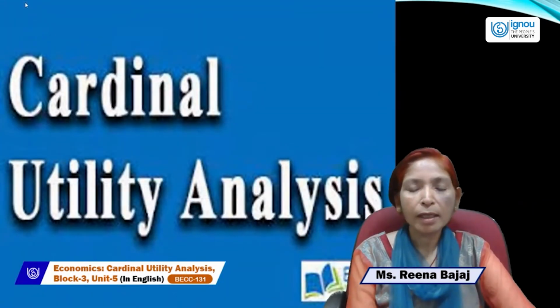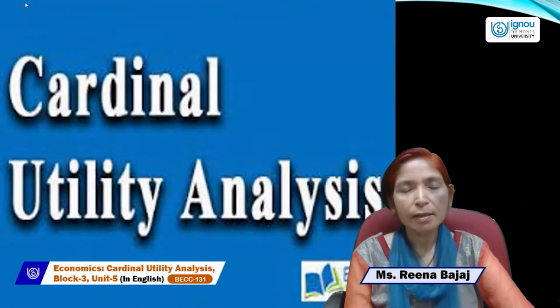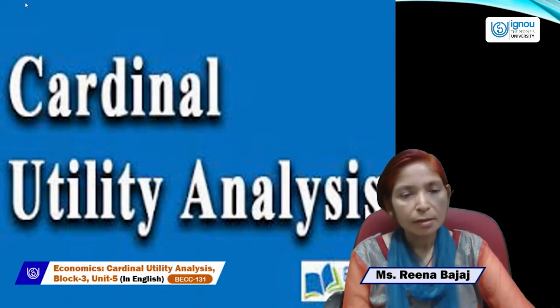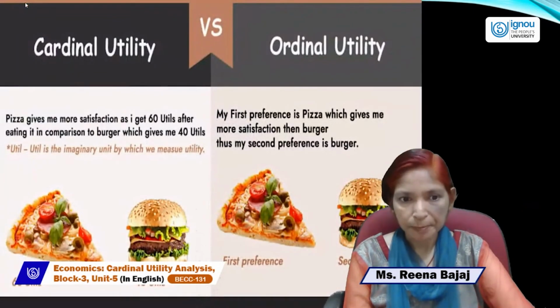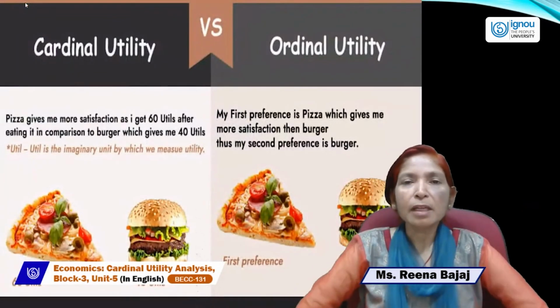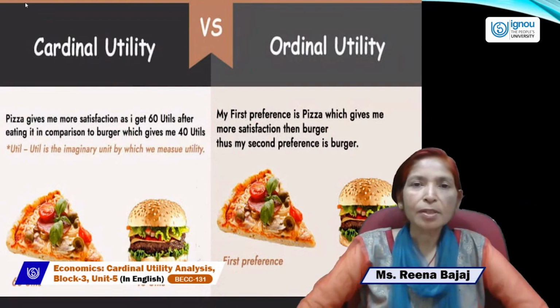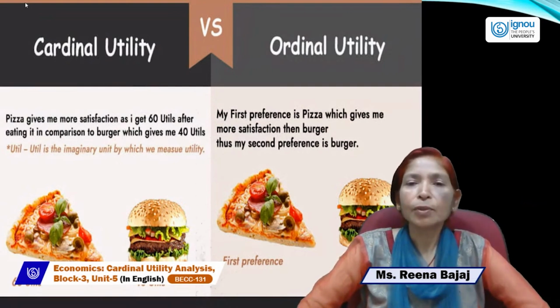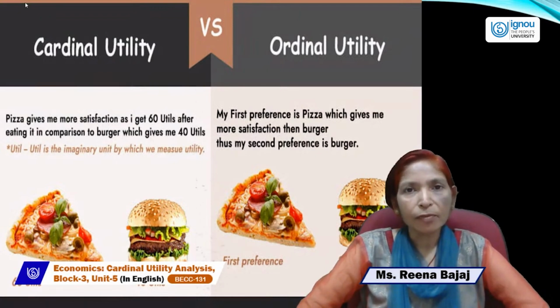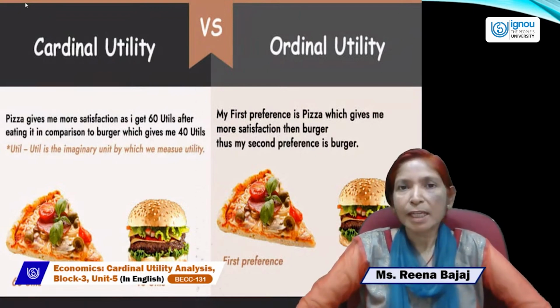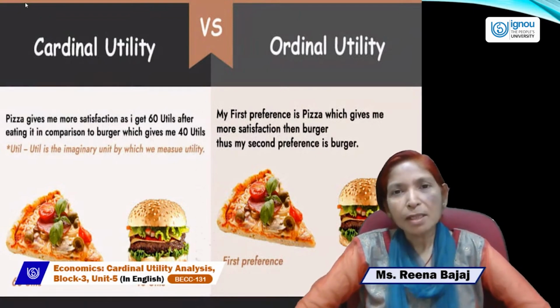Cardinal utility analysis. This is the theory of utility which is given by Dr. Alfred Marshall. Utility is basically of two types. First of all, you must understand what is the meaning of utility and how many types of utility we can explain.